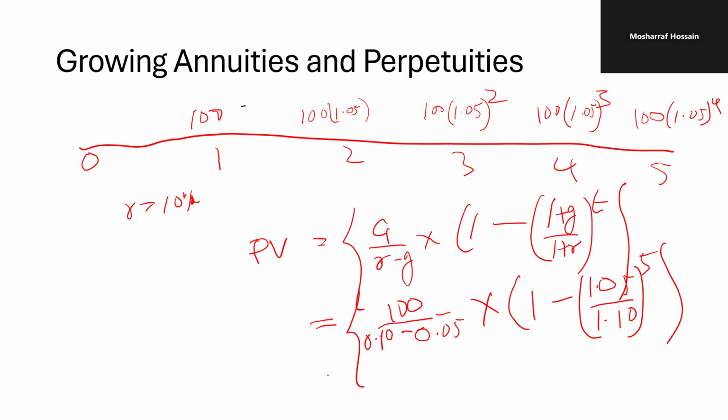Right? If you solve it, this side will be 2000, multiplied by the other side, which is 105.